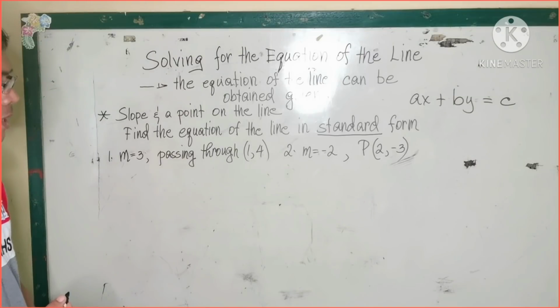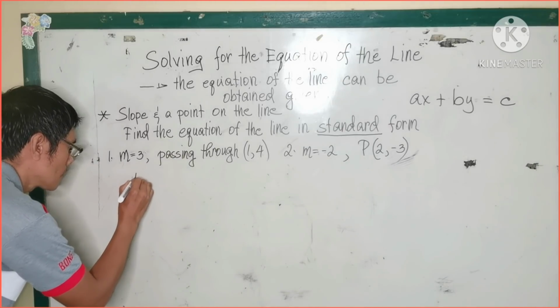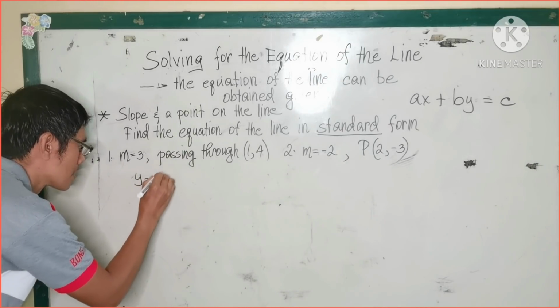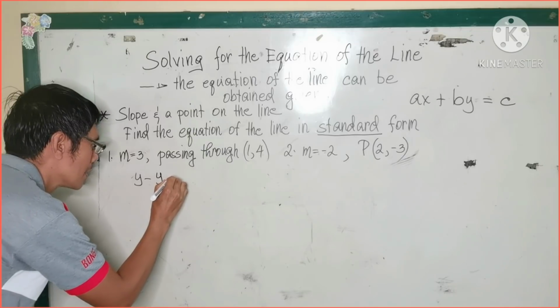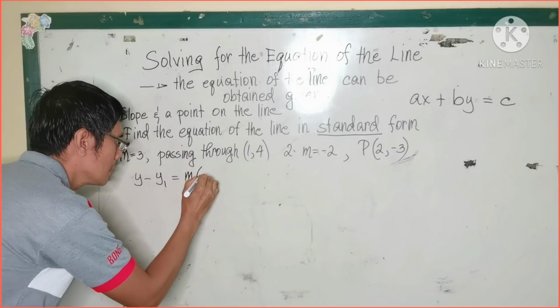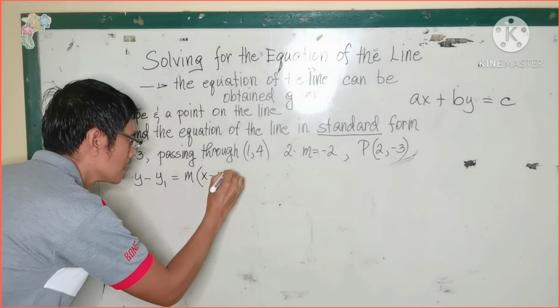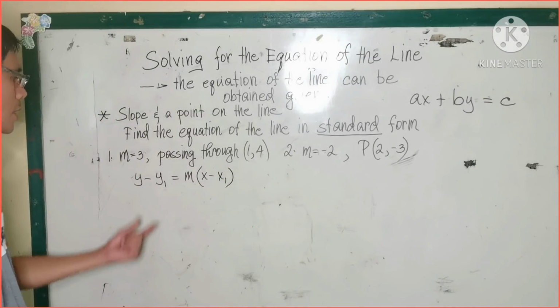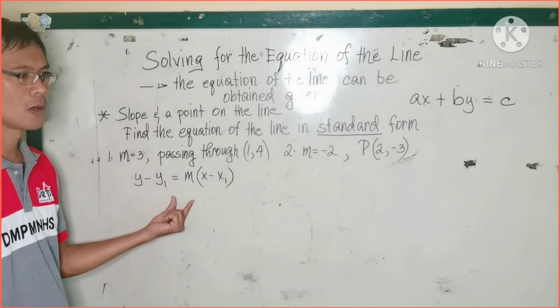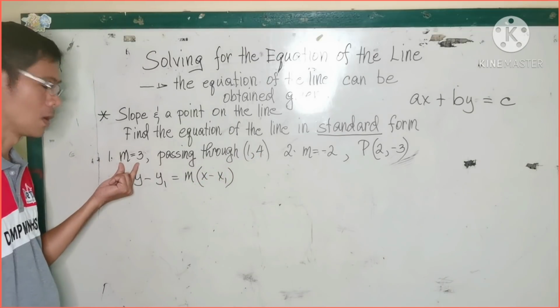So what is the point-slope form? That is y minus y sub 1 equals m times the quantity x minus x sub 1. So this is the point-slope form. We have there a point and a slope.